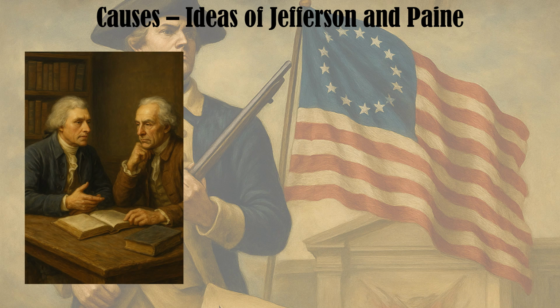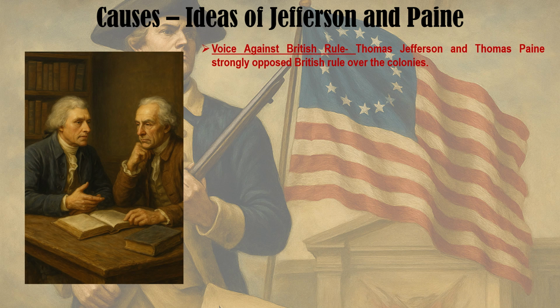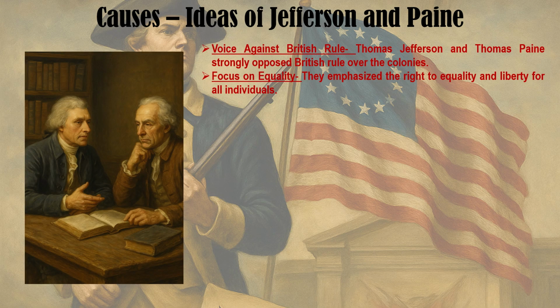Then there were the ideas of Jefferson and Paine. These were famous philosophers, voices against British rule. Thomas Jefferson and Thomas Paine strongly opposed British rule over the colonies. These were the famous intellectuals who made people understand that what the Britishers are doing is not at all good. They emphasized the right to equality and liberty for all individuals.